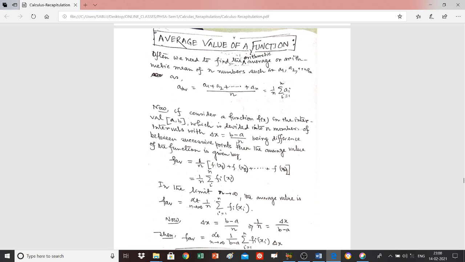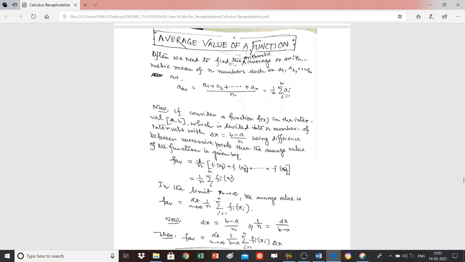From this, you can write the average value of the function. First, you sum all the values of the function for different values of x: for the first value x1 it is f(x1), for the second value x2 it is f(x2), and in this way f(xn). This is essentially the sum of all the values of the function in the interval divided into n sections. Then you need to divide this sum by the total number of intervals, n.